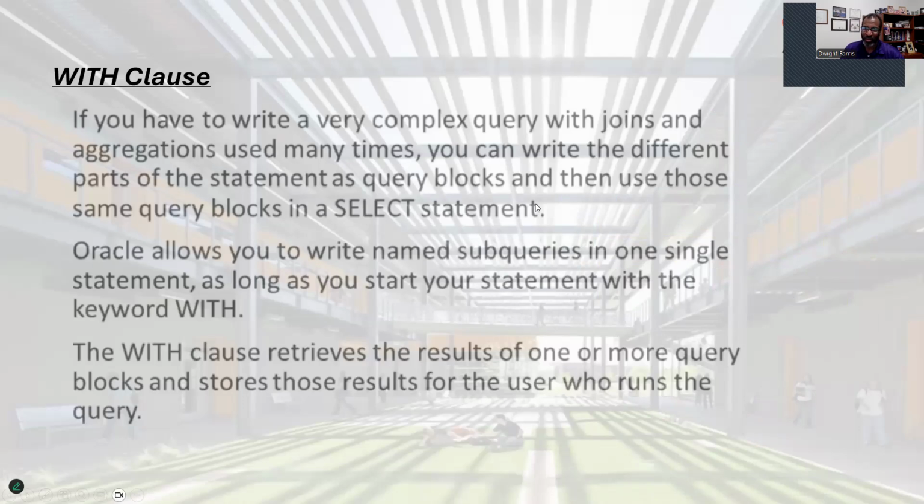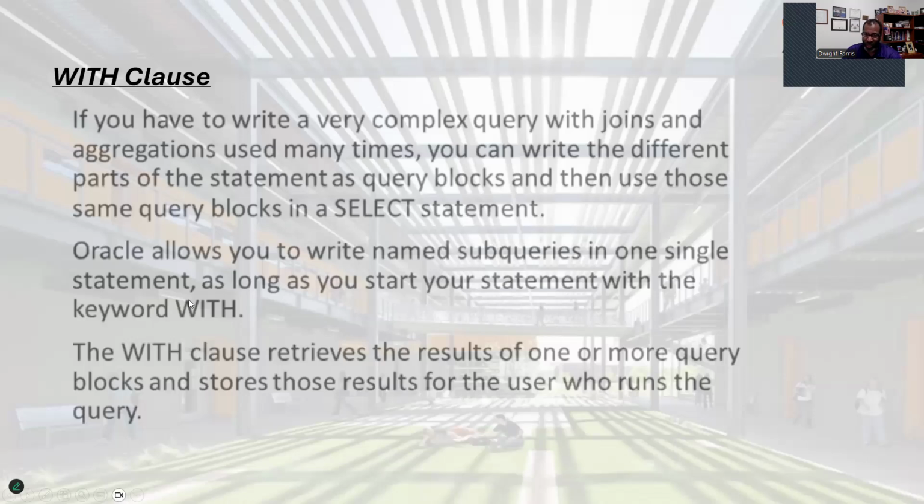All right, moving ahead, let's look at the with clause. If you have to write a very complex query with joins and aggregations used many times, you can write the different parts of the statement as query blocks and then use those same blocks. So we're doing a little bit of block programming, query blocks in a select statement.